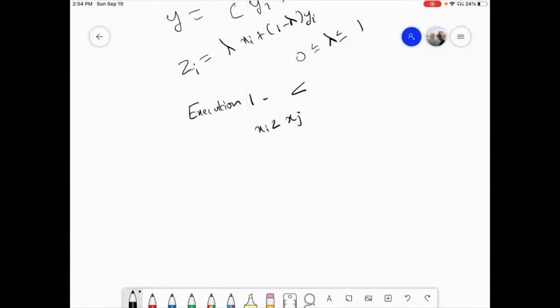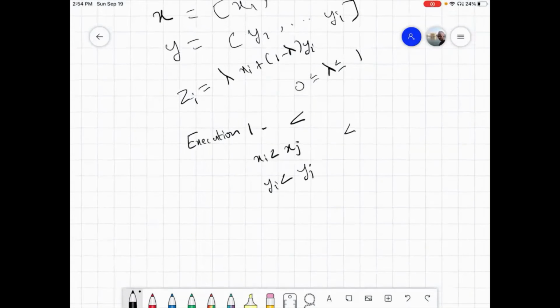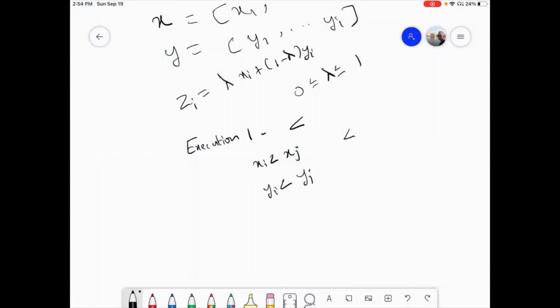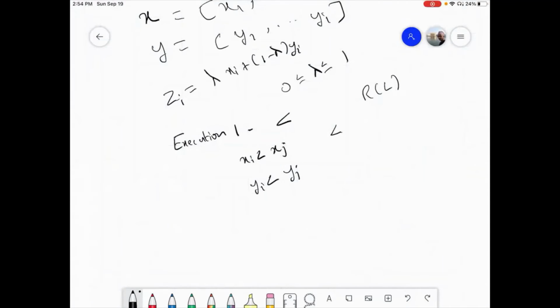So it also comes under the branch less than. So we know that yi is less than yj. Now, if we prove that zi also lies and follows the same pattern, then we can say that all the points lie on the path R of L, and we can say that there exists a straight line path between the multiple instances of points, and say that R of L is convex.